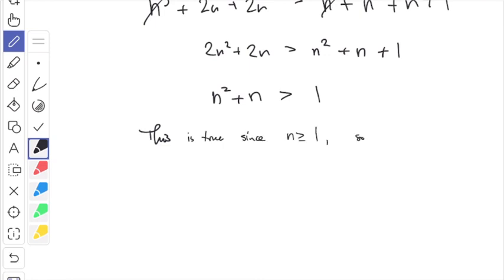And so what that means is n squared plus n is at least going to be 2, right? And so definitely it is greater than 1. And so that means that all those inequalities were true. So in particular, the first one, an is bigger than an plus 1, that was our goal all along.